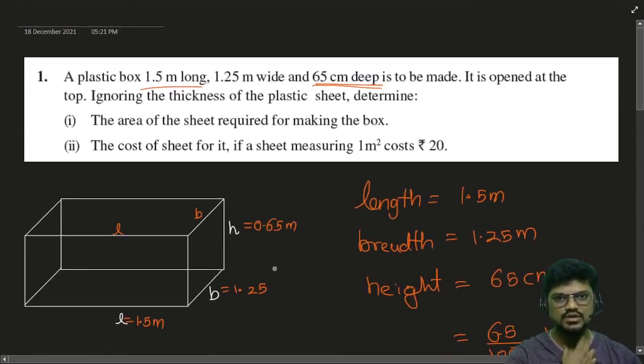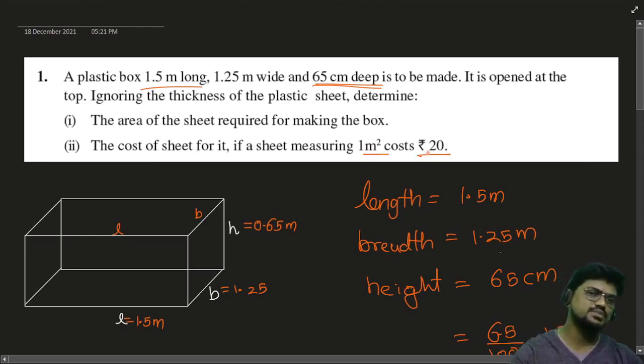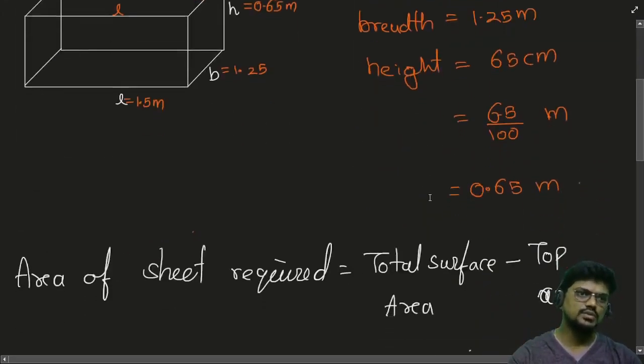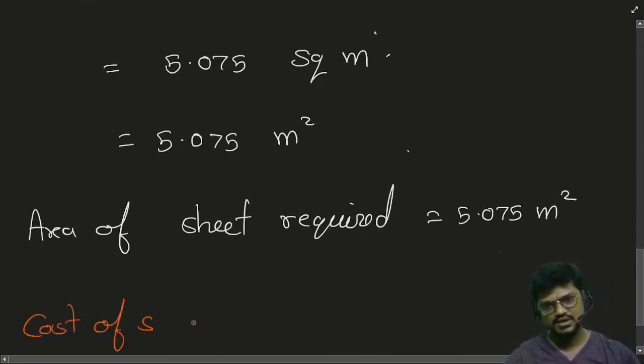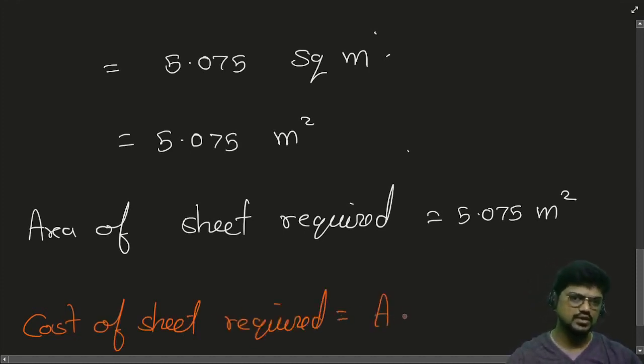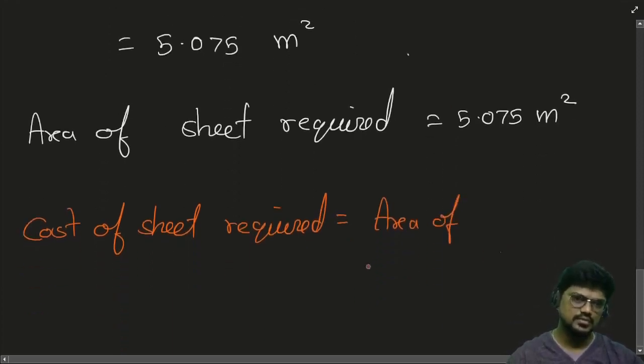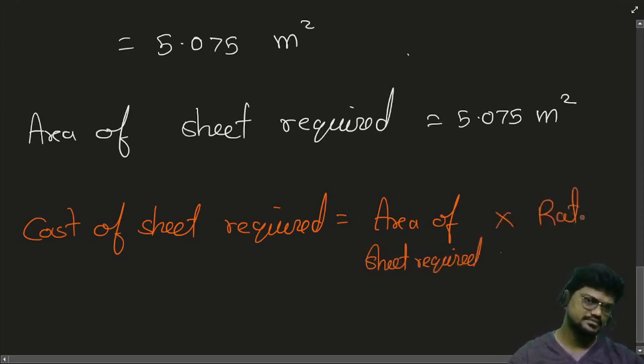Now next, what they have given is the cost of sheet: the sheet measuring 1 meter square costs 20 rupees. That means the cost is 20 rupees per meter square. So what will be the total cost? The cost of sheet required will be equal to the area of sheet required into its cost, or you can say rate.